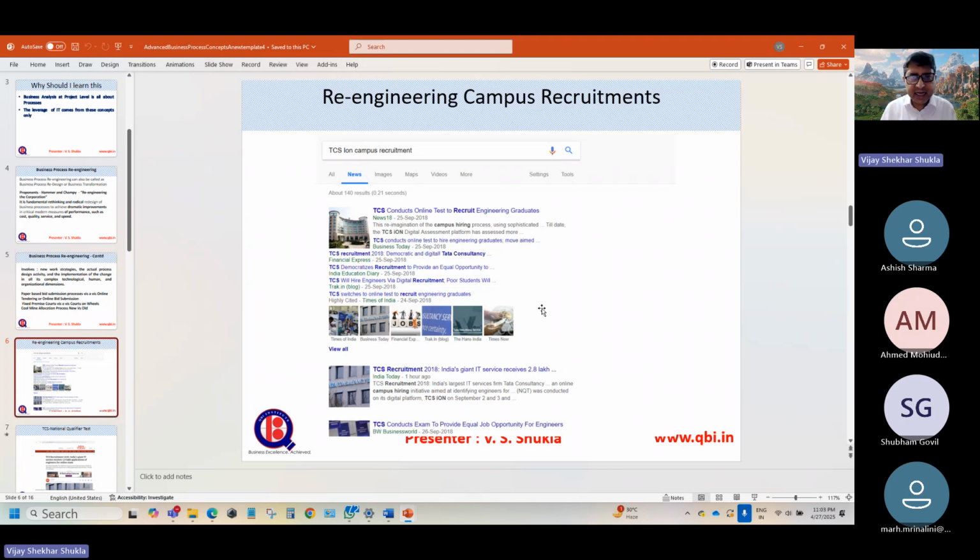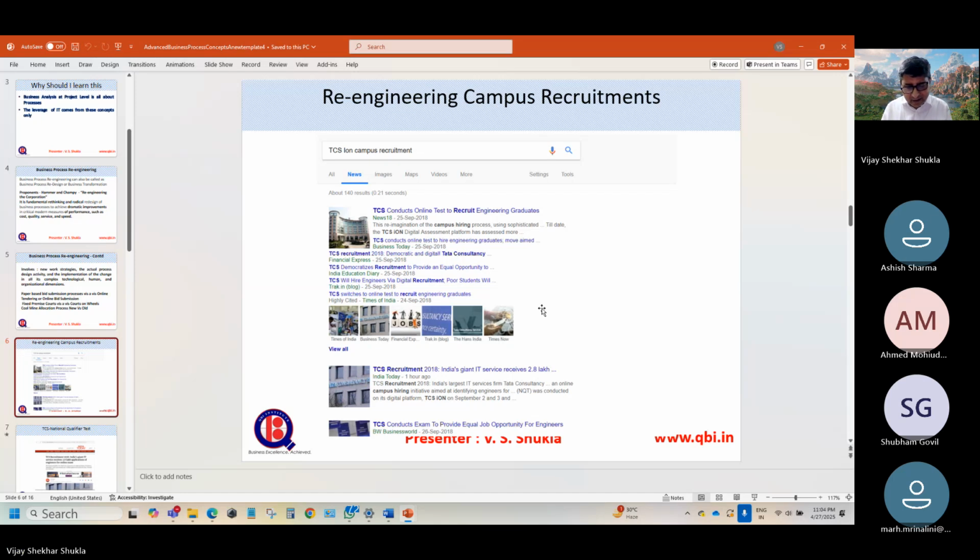Because of the online test, earlier they had to spend money going to the campus and be at another person's premise. Here, instead of this being a cost center, it became a profit center because you charge an online test fee. So we can say that the campus recruitment process by Tata Consultancy Services has been re-engineered.